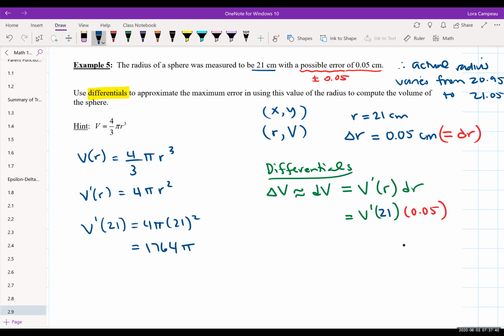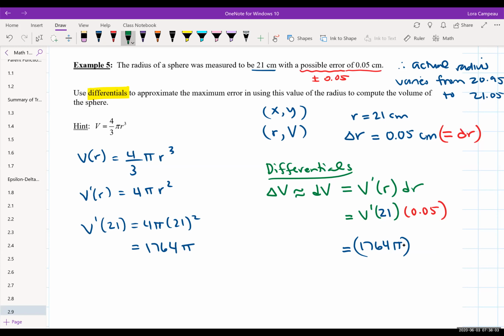Sometimes the more calculus you do, the worse you get at some of the basic math, so I apologize. So the derivative of the volume with respect to r evaluated at r equals 21 should now be 1764 times pi.